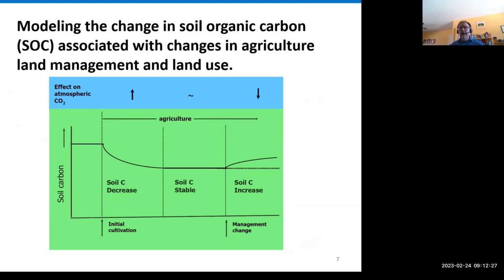The basic premise behind the carbon modeling is that the soil carbon is in equilibrium until a change is introduced to that soil. So the example on the screen is a soil in equilibrium. At that initial cultivation, we start to see an exponential change. The rate of change changes per year until we meet equilibrium again, or until another management change is introduced.